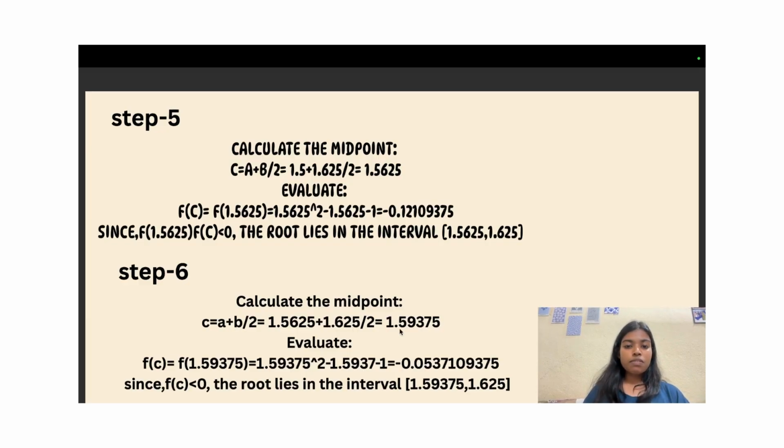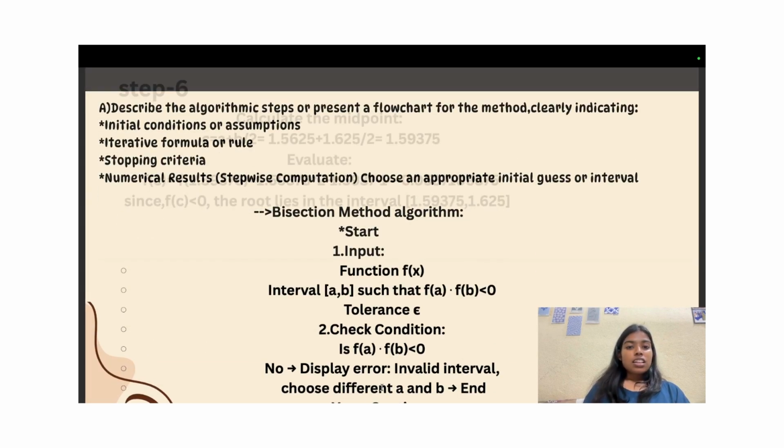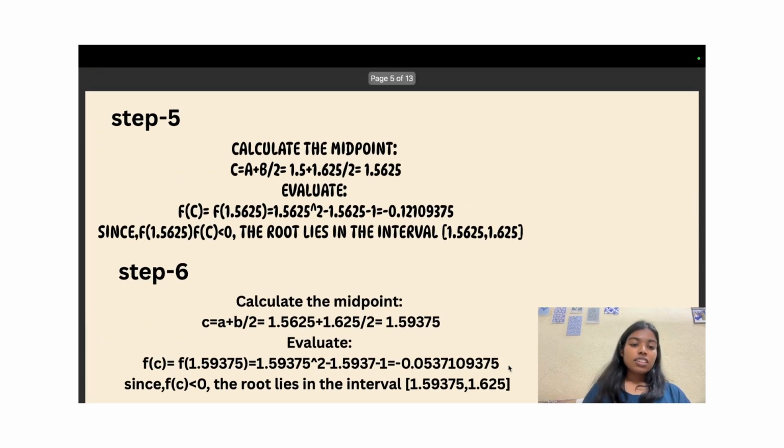The midpoint will be 1.59375, and if we evaluate it in f(x), we get -0.053710935. Since f(c) is less than 0, the root lies in the interval 1.59375 to 1.625. This will continue, and we get the answer as 1.59375.